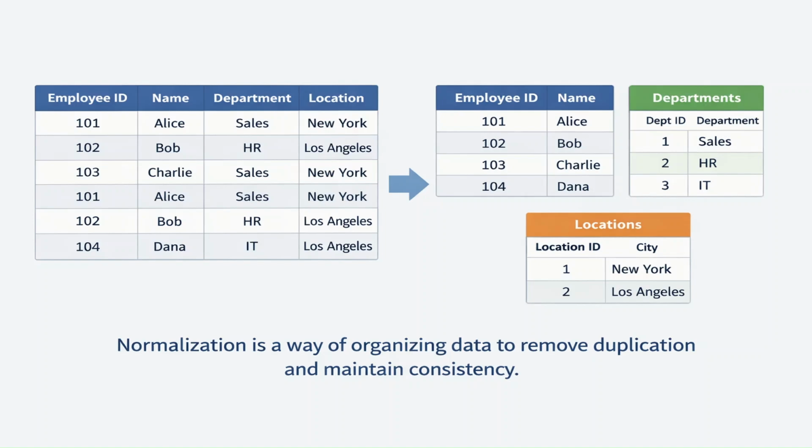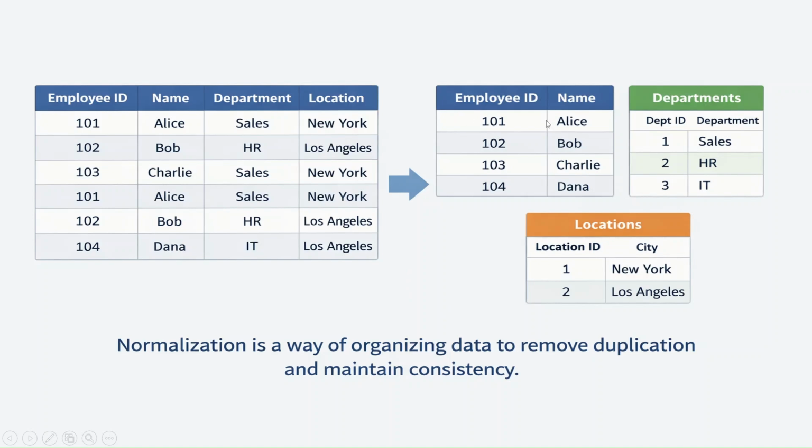Let's divide this table, right? Out of this bad table design I'm going to create a few tables to avoid duplication and to maintain consistency. So you can see I have created three tables over here.